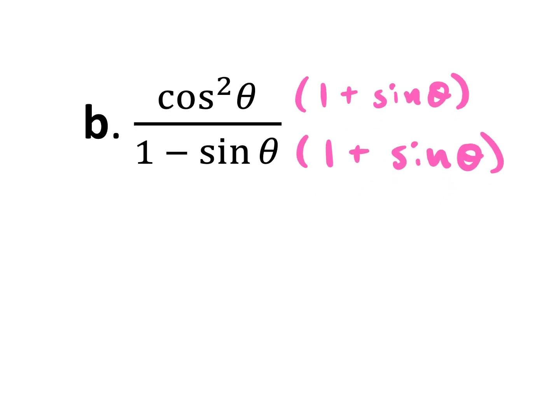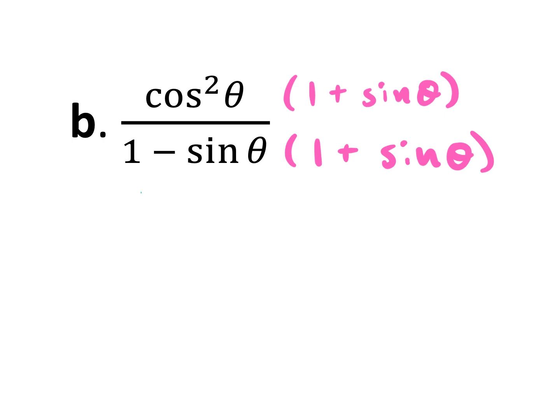On the bottom, I have to FOIL it out. So I have 1 plus sine minus sine squared. So I just FOILed the bottom. The signs in the middle cancel, so I have 1 minus sine squared.